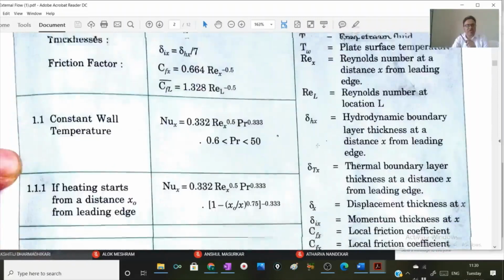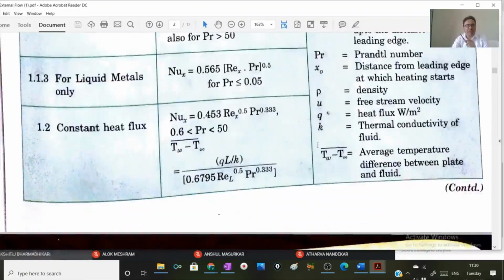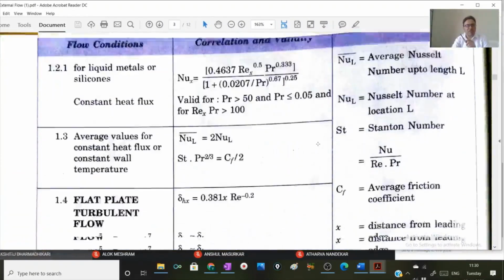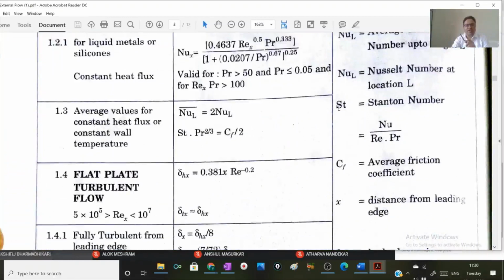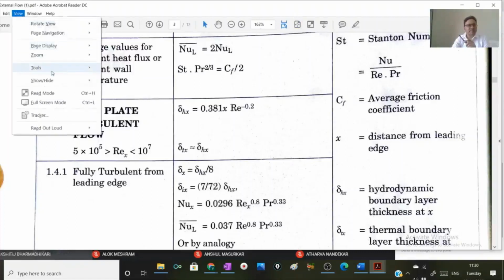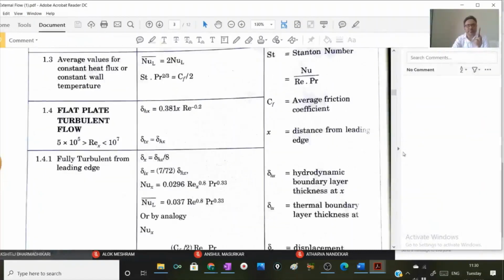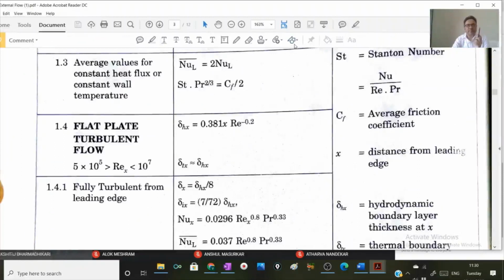All these formulas 1.1, 1.1.1, 1.1.2, 1.2, 1.2.1, 1.3 are applicable for laminar flow. Then move on to subheading 1.4, flat plate turbulent flow.